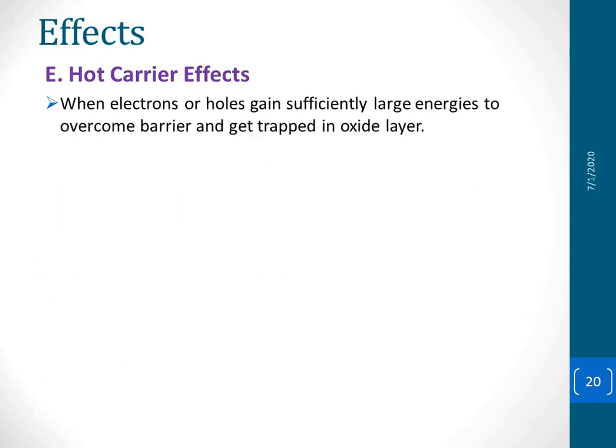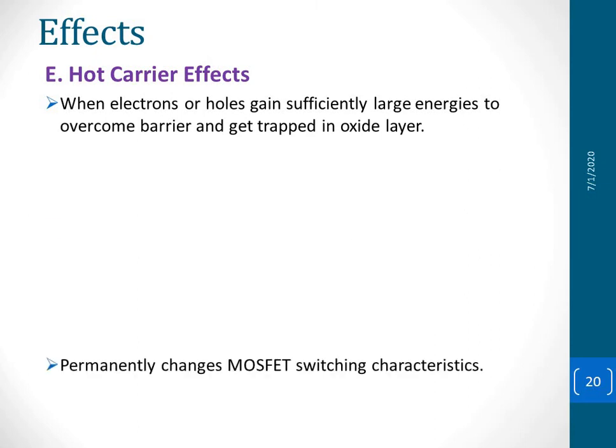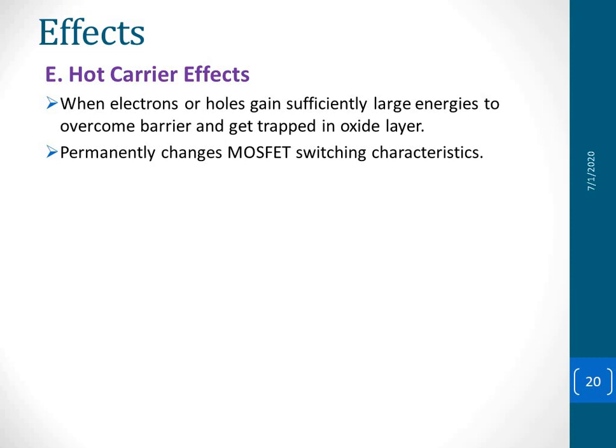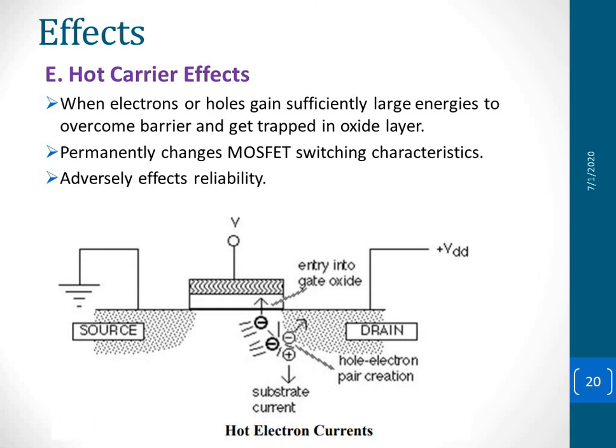Next is the hot carrier effect. When electrons or holes gain sufficiently large energies to overcome the barrier and get trapped in the oxide layer, this effect is called hot carrier effect. It permanently changes MOSFET switching characteristics, and this adversely affects the reliability.